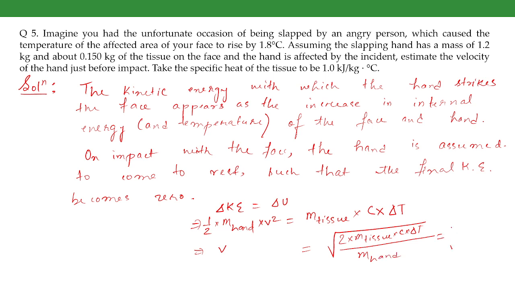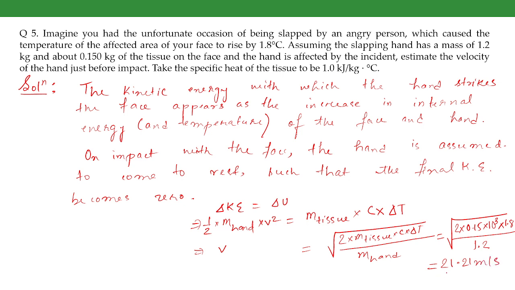So if you put in the values, 2 into the tissue affected is 0.15 kg, the c is 1 kilojoule, that is 10 to the power 3 joule, and delta T is 1.8 degrees Celsius. And the mass of the hand is 1.2 kg. So this essentially comes out to be 21.21 meter per second.